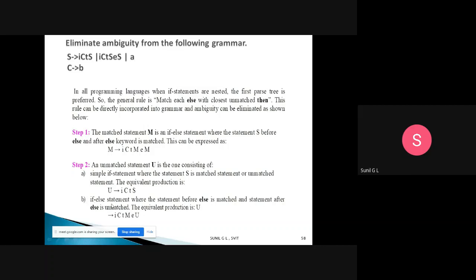In the if statement, just if condition statement, this one will be represented as the total unmatched statement.